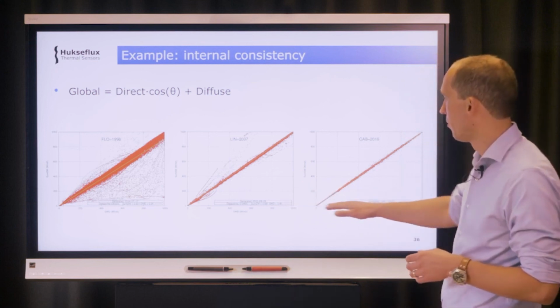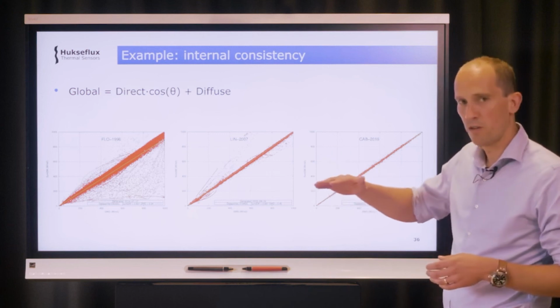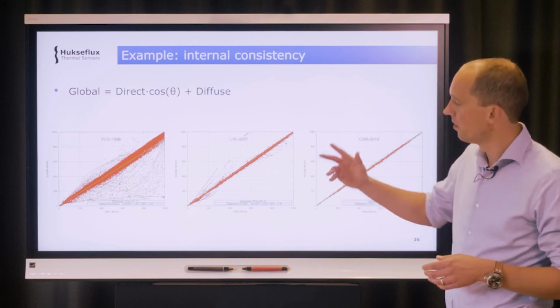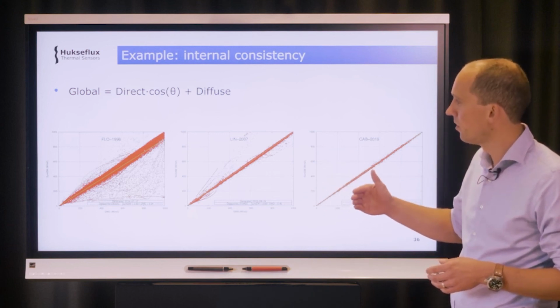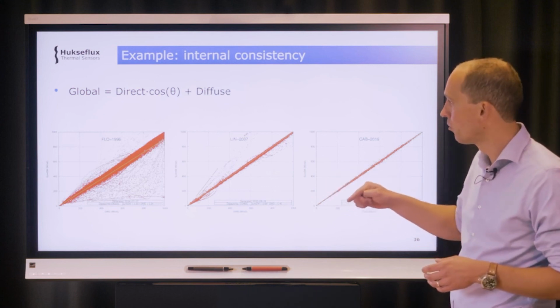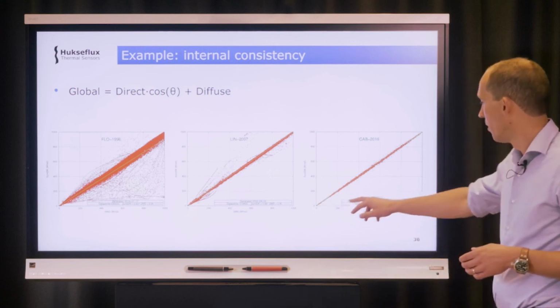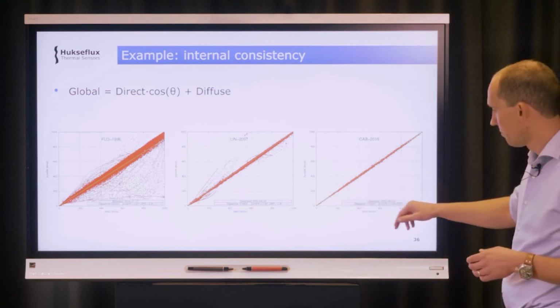So these are examples of plots for different sites, different years, where on one axis they will plot the measured global, and on the other axis they will plot the direct times the cosine of the zenith angle plus the diffuse. And in an ideal world, this is a straight line with a slope similar to 1.